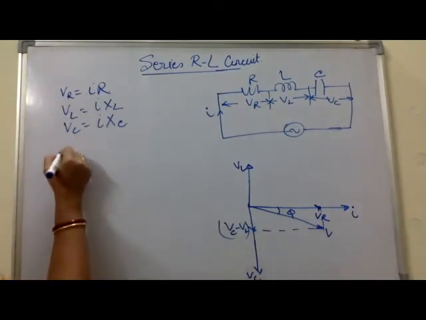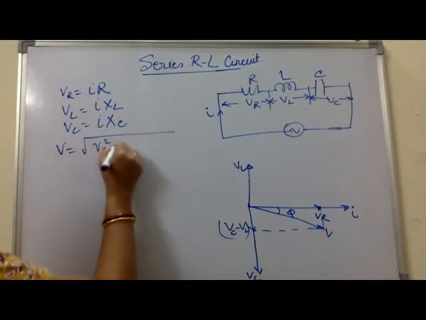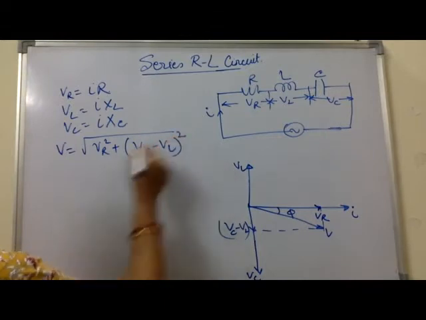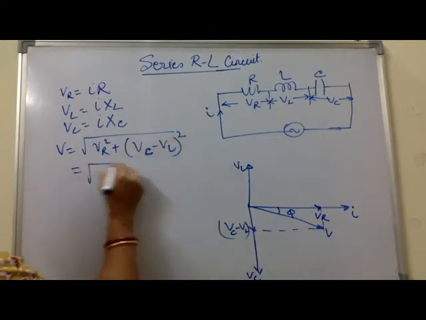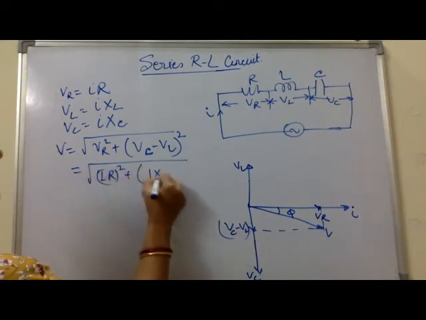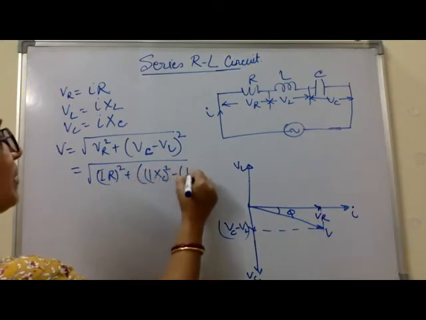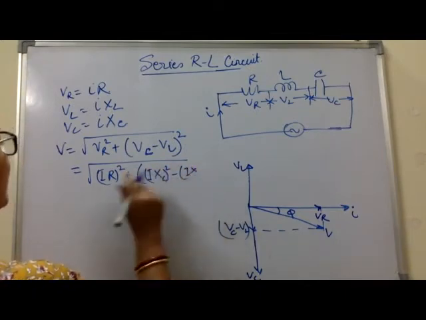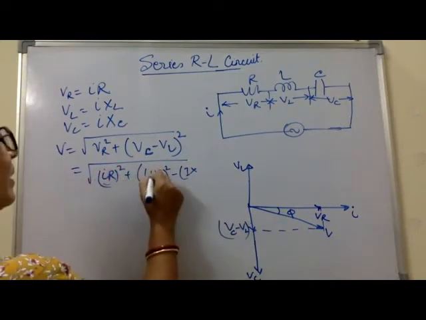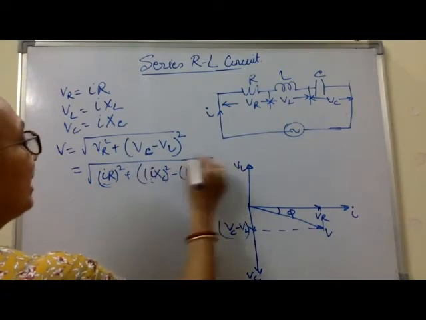Now you can write V is equal to the square root of VR squared plus (VC minus VL) squared, and substituting the current, that is (IR) squared plus (I XC minus I XL) squared.